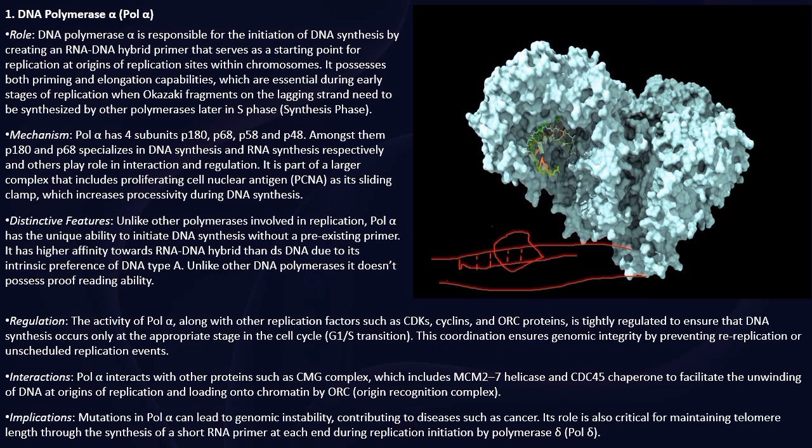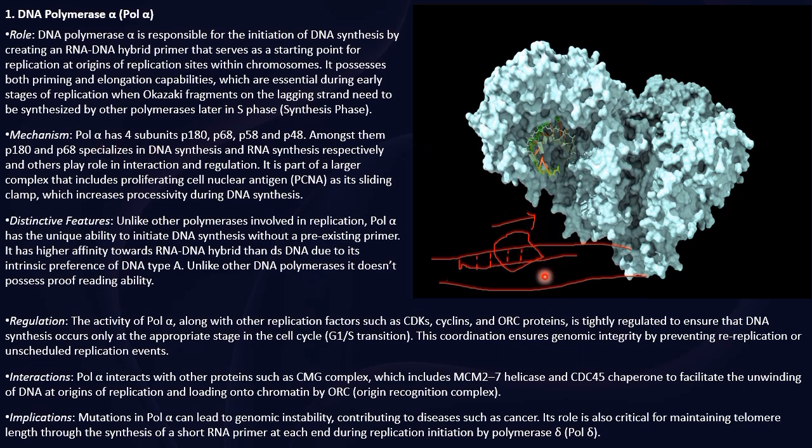The P180 subunit gets activated after some time, as P68 has a very low processivity. So the P180 subunit takes over and creates double-stranded DNA.